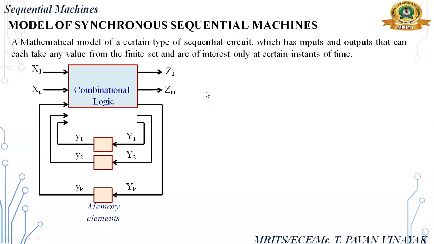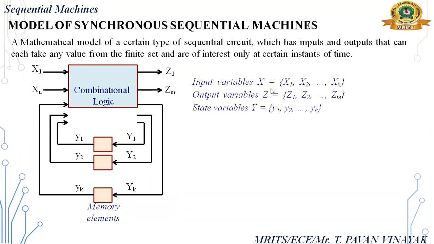Let us see, the input variables are x. Suppose I have n input variables. Then how many combinations are possible? 2 power n combinations are possible. And outputs I have 1 to m, so how many output combinations do we get?